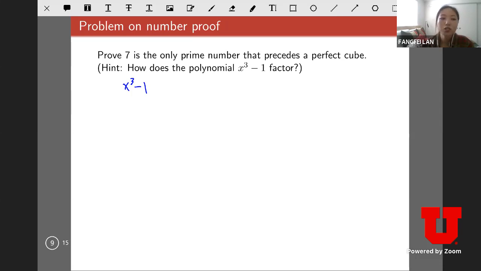So let's just use the hint. How does x cubed minus 1 factor? Any ideas? I'll give you another hint, it's x minus 1 times something.